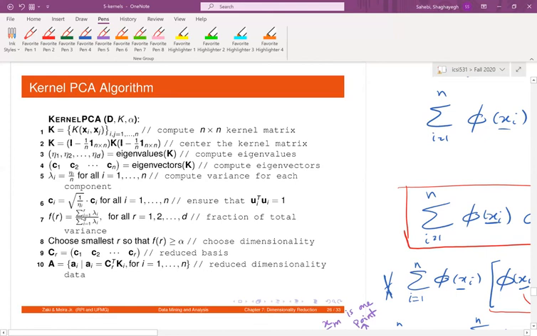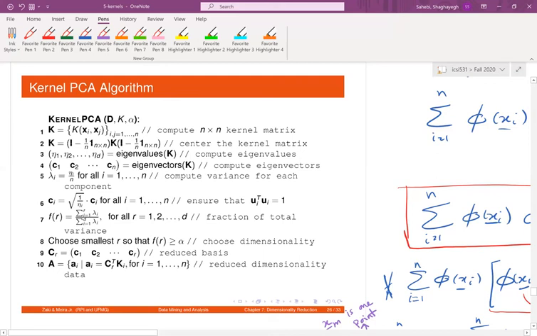We cannot calculate the new directions of our data in the new feature space. These eigenvectors are going to be our coefficients for the directions of our principal components in the new feature space.